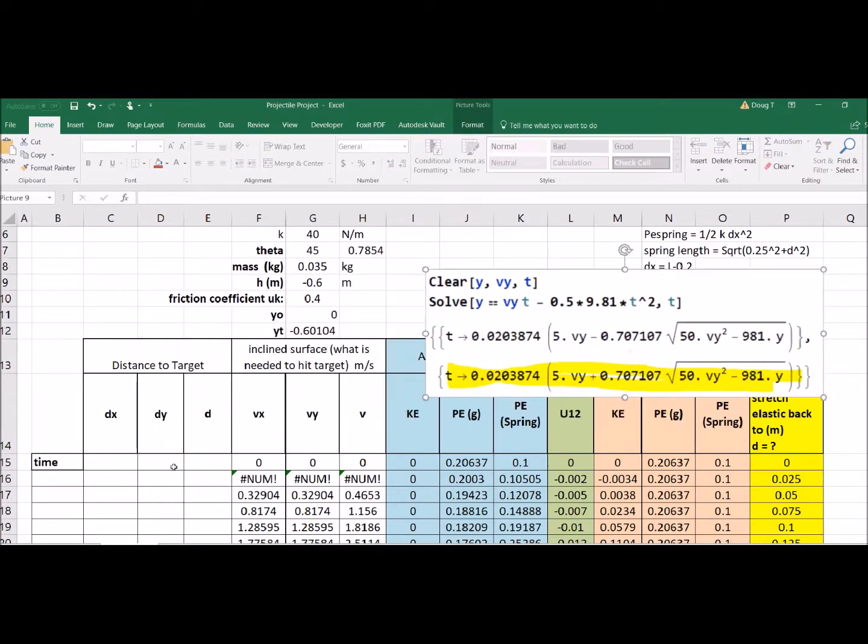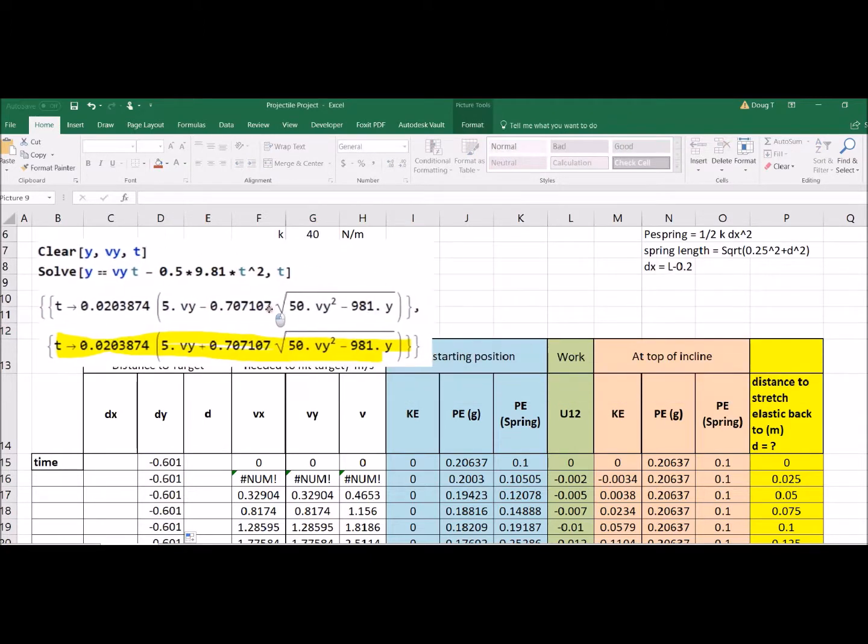Okay, so again, our dy is just going to be equal to this guy right up here. I'm going to keep that constant, and we can always go back and change that if we're aiming for something at a different height. Okay, so there's our y position, and our time is going to be equal to, and this is using 9.81 meters per second squared, kilograms and stuff.